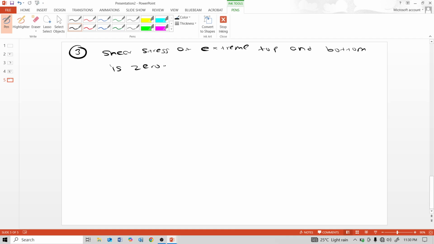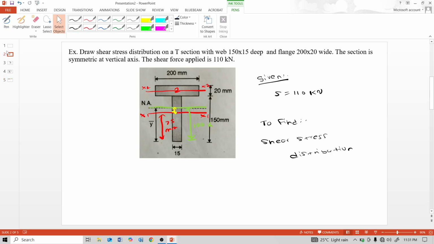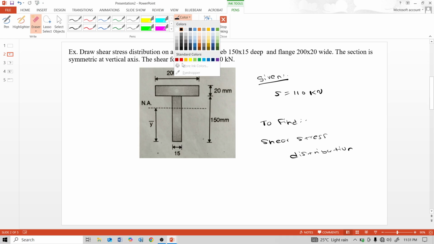And we have to find shear stress at junction. So for solving shear stress at junction, see, this is the junction for that T section, and the area above the junction is 200 multiplied by 20.